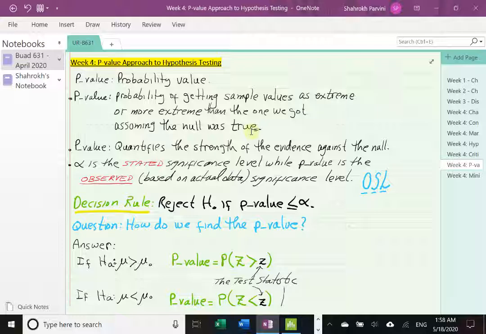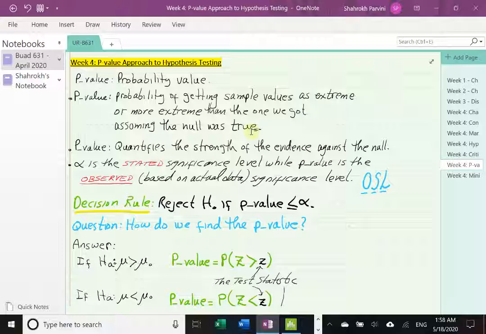The other thing, p-value is the actual observed probability of a type 1 error, based on data.